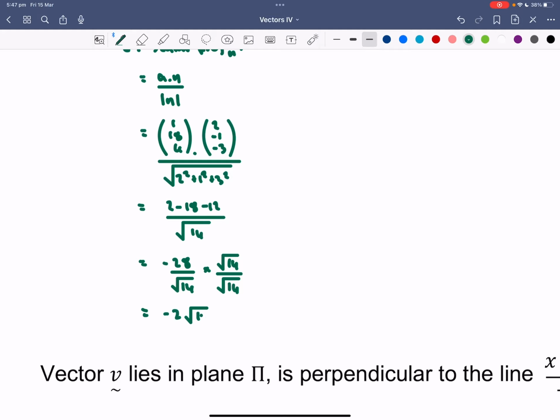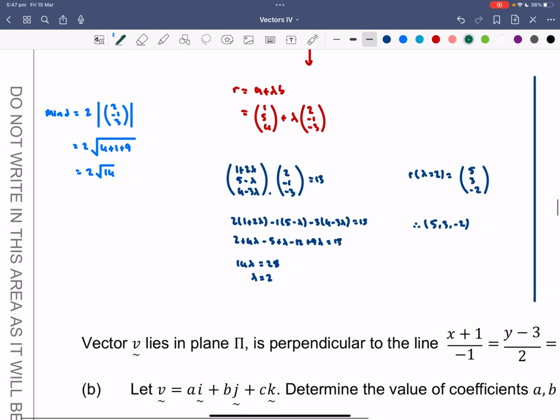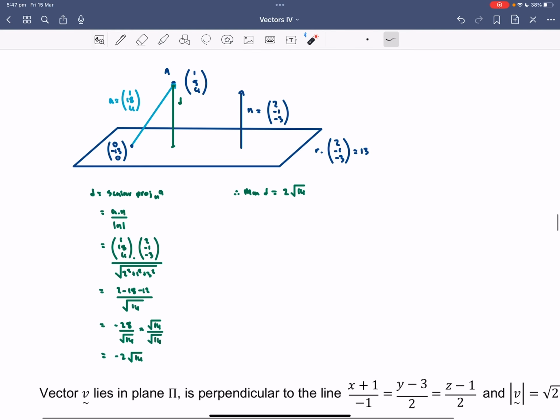But again, we make it positive, so the minimum distance is positive 2 root 14. What did I get before? Also 2 root 14.